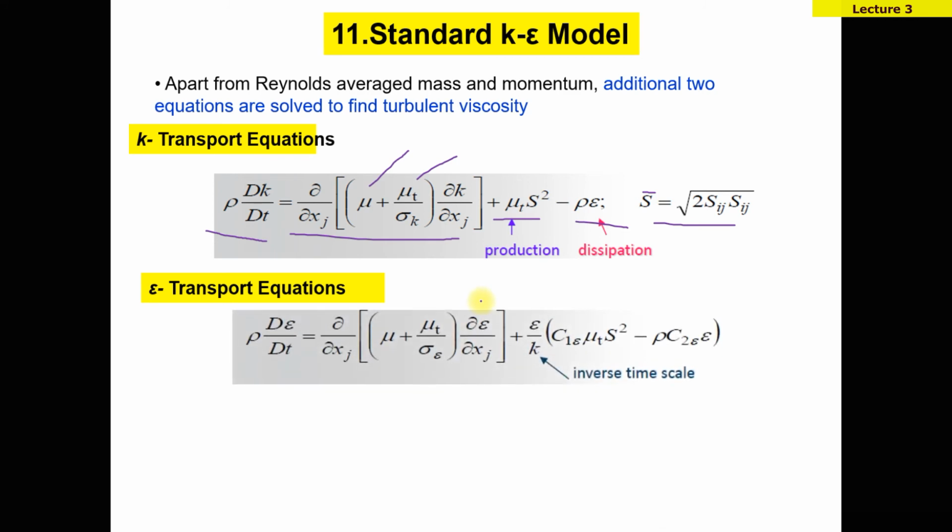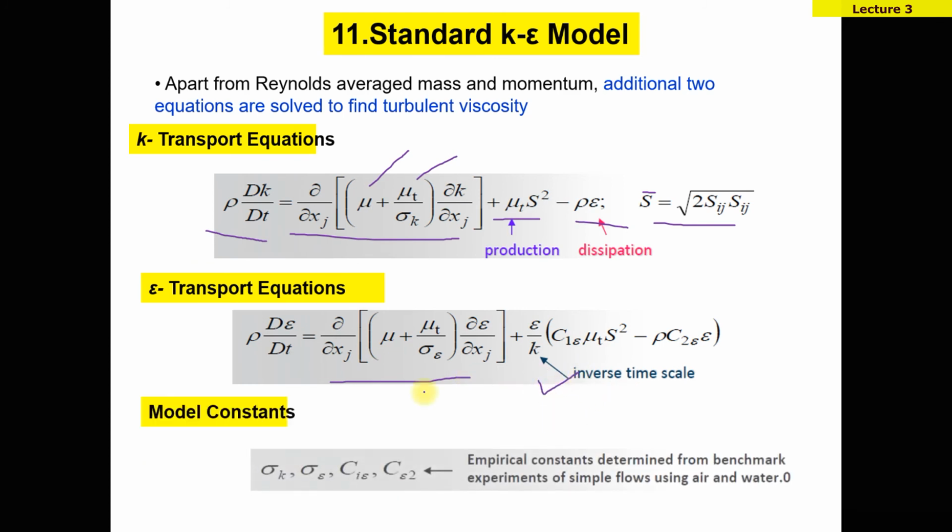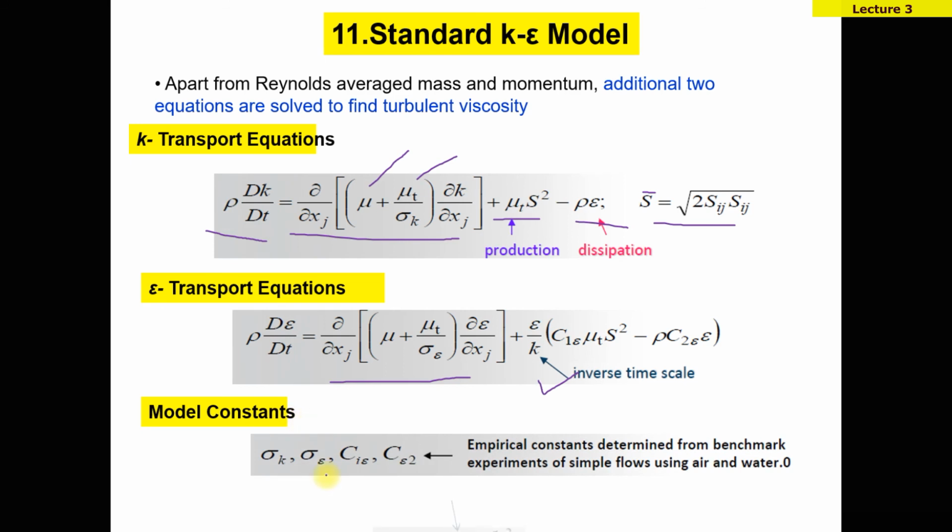There is also an epsilon transport equation, that means dissipation of turbulent kinetic energy. The equation is similar, with an inverse time scale. After solving this equation with model constants as per experiment, we can find the turbulent viscosity.